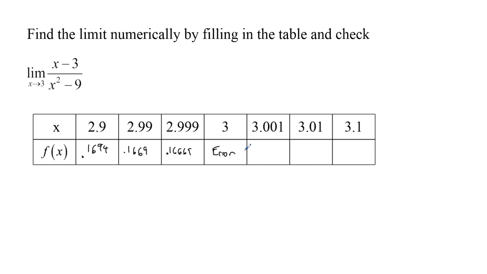So if I go 3.001, I get 0.16669, and then 3.01 I get 0.1669, and then 3.1 I get 0.1639.